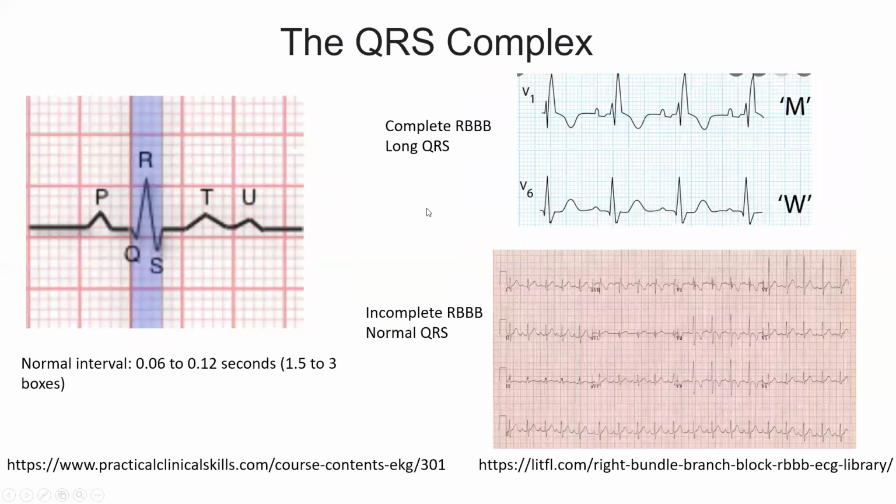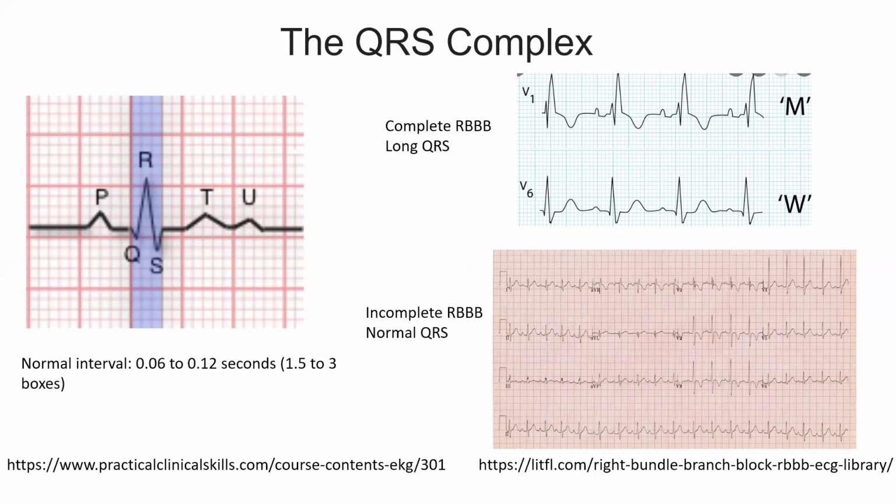Next, we will check the QRS complex. The normal interval is about 1.5 to 3 boxes for the QRS complex. If it's longer, we can evaluate based on the duration.